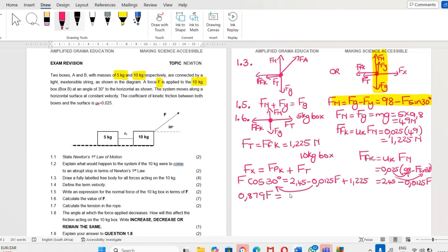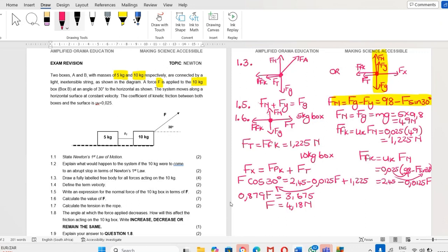That gives us 3.675. And then if we make F the subject of the formula, we divide that number by 0.879 and we get 4.18 newtons. So that is the force that is applied.